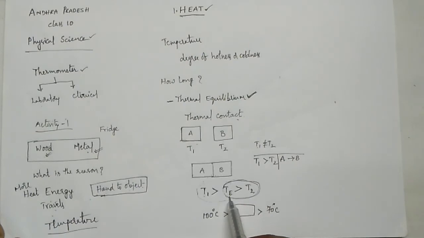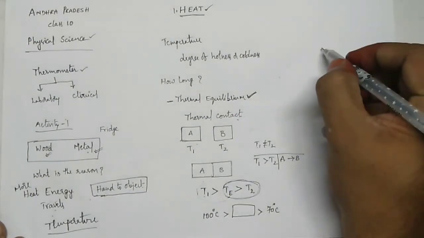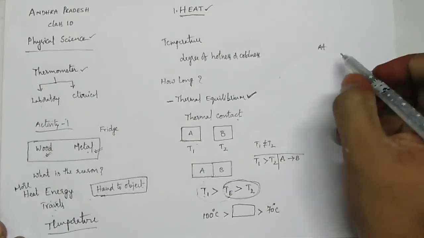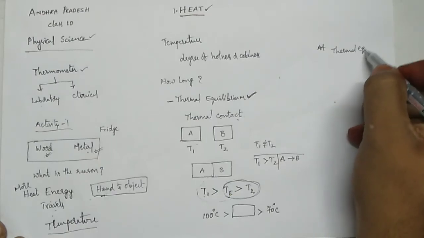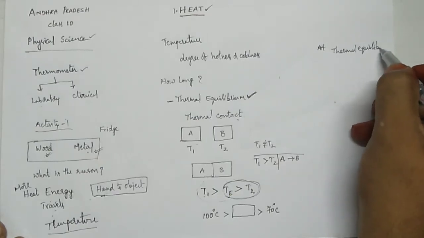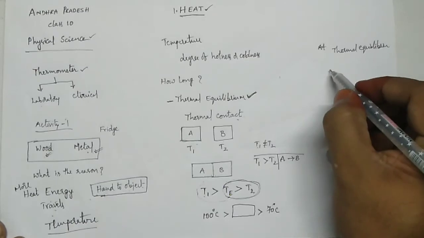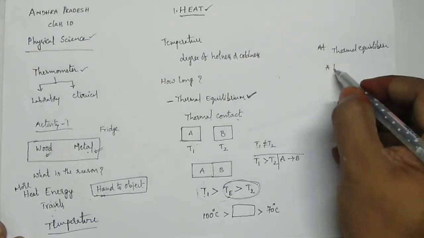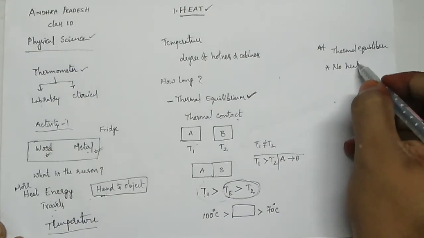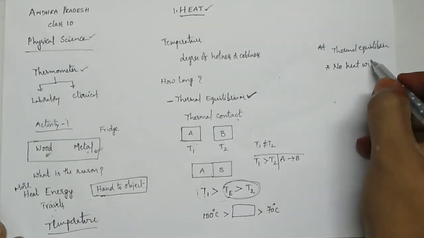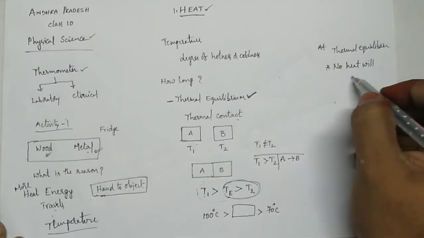Once the pair of objects which are in thermal contact achieves thermal equilibrium, there is no more heat exchange. At thermal equilibrium, bodies will not exchange heat. No heat will travel.